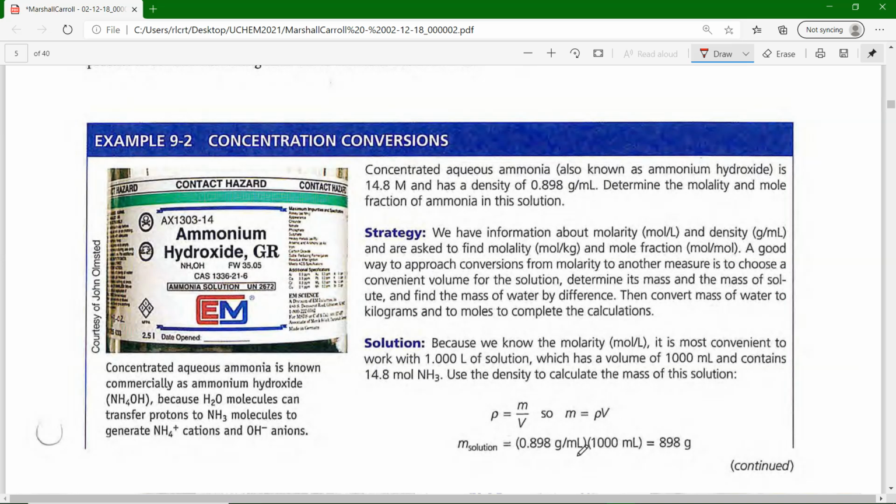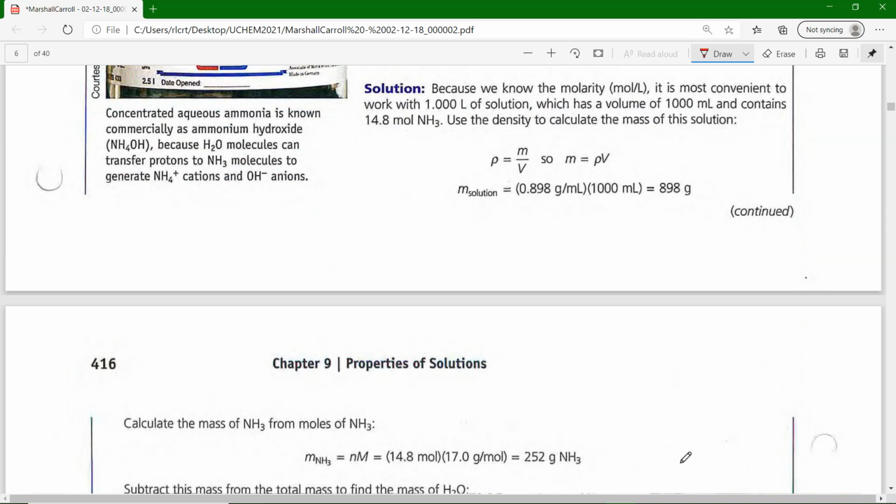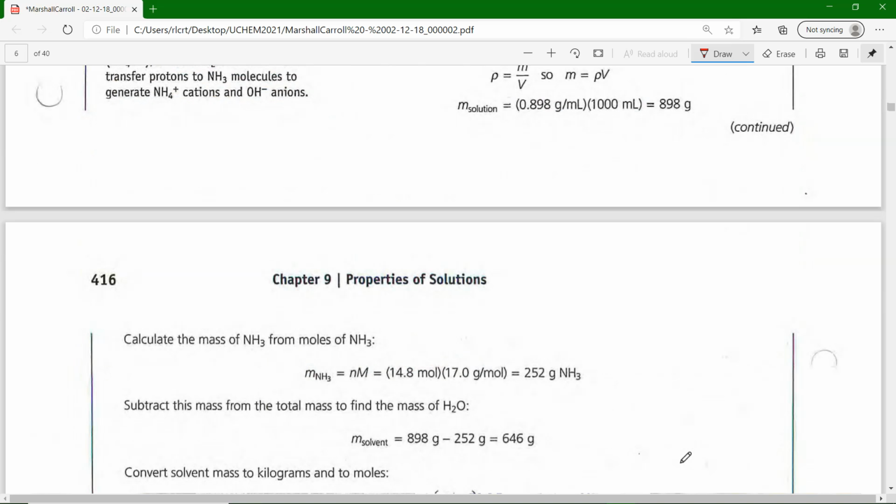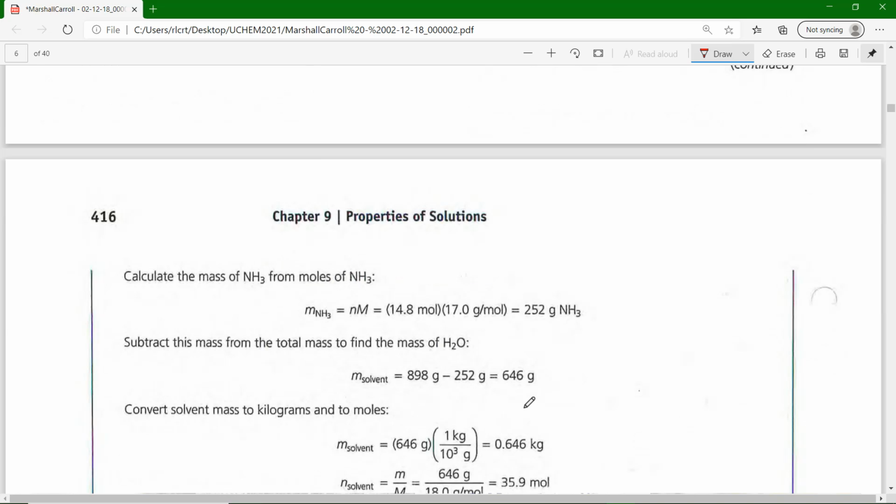So 0.898 grams per mL times 1,000 mL, so 898 grams. And we know that there are 14.8 moles of ammonia in that amount, so you multiply by the molar mass of ammonia, 14.8 times 17, and you get 252 grams of NH3. I'm not talking about NH4OH, I'm talking about NH3. And then the total mass was 898, so the mass of the solvent, which is water, is 646. So now we have the masses of each, we can get the moles and go to town.